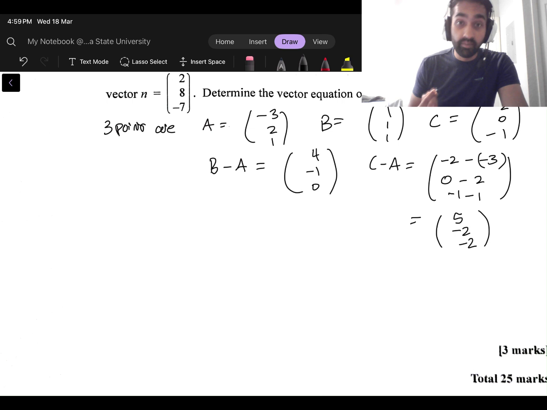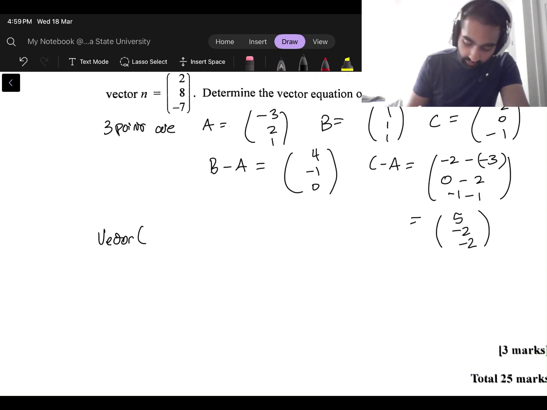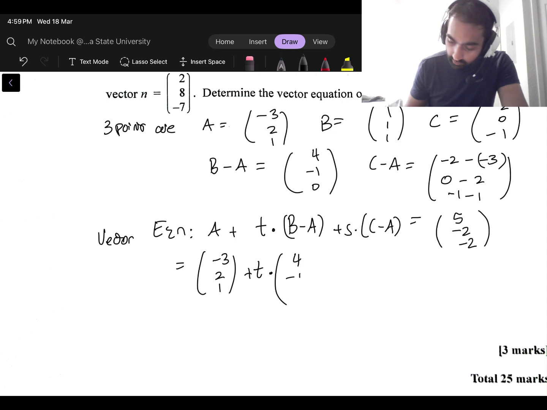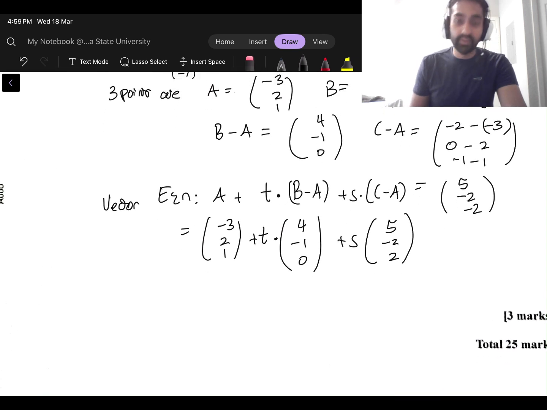And then the vector parametric equation will be: I take A, plus a parameter t times B minus A, plus another parameter s times C minus A. So it'll be (minus 3, 2, 1) plus t times (4, minus 1, 0), plus s times (1, minus 2, minus 2). That's a vector parametric equation.